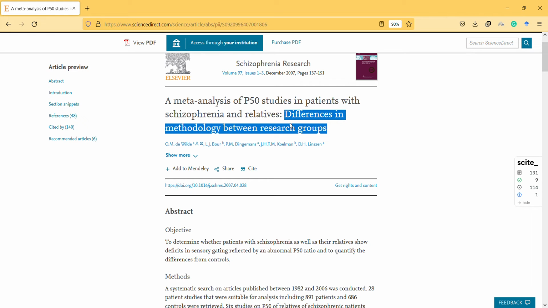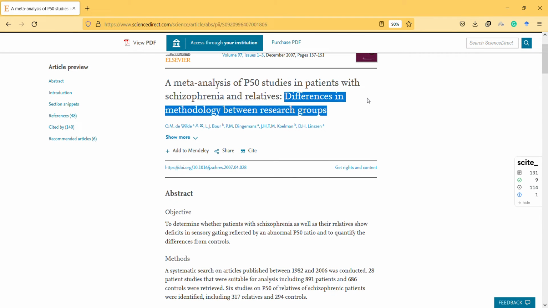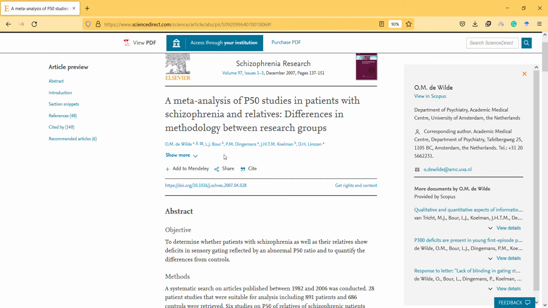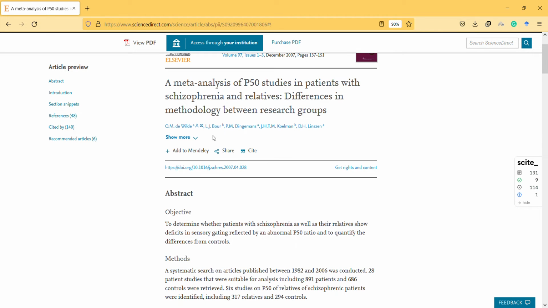I think they do both, because comparing the methodology is different. It is a very prestigious journal, and the authors are from the US or Netherlands, I don't know. So the authors are probably all from the Netherlands.